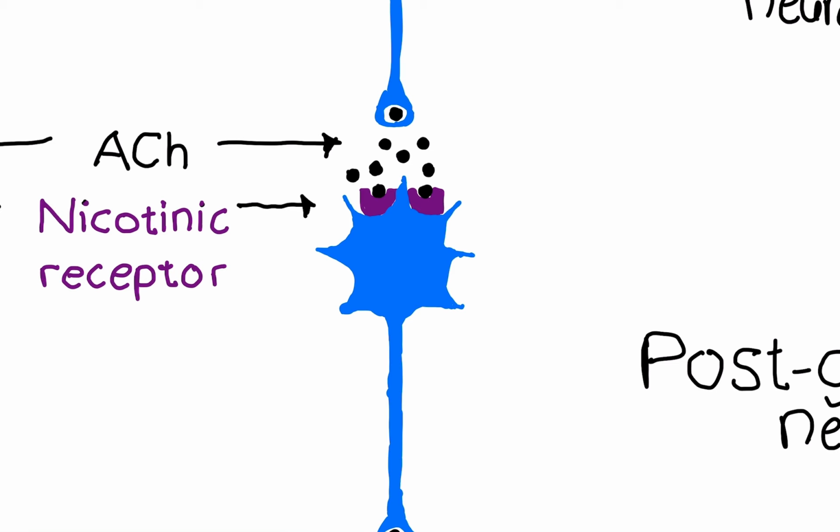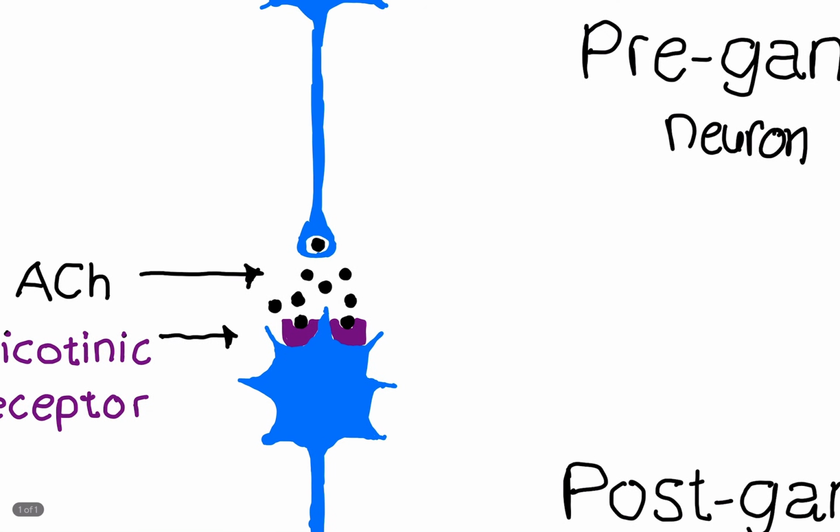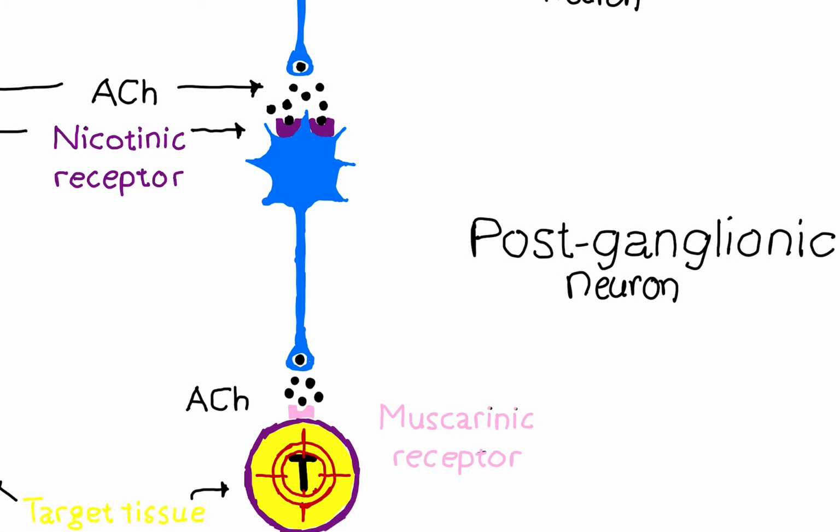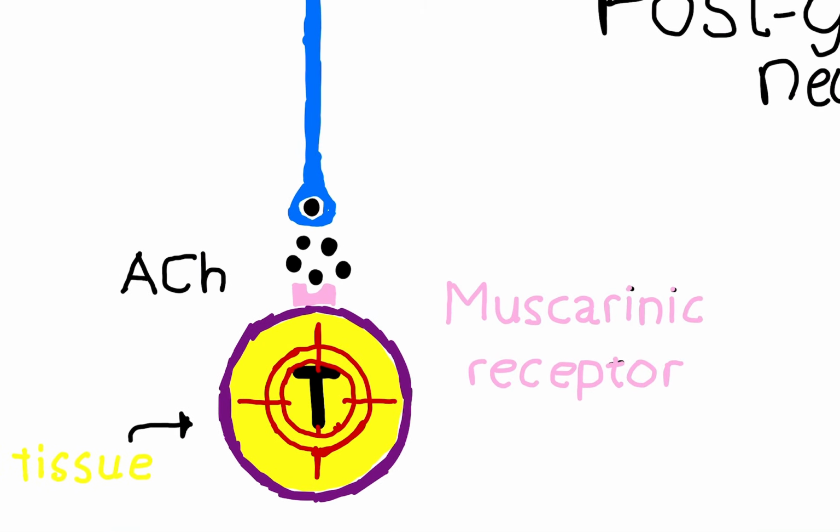They are on the dendrites of the second order neuron. What's going to happen is the preganglionic neuron is going to secrete acetylcholine from the synaptic terminal. It's going to go through the synapse and bind to nicotinic receptors. After it binds, we're going to get an action potential in the postganglionic neuron. It's going to go down to the synaptic terminal, and it's going to release acetylcholine.